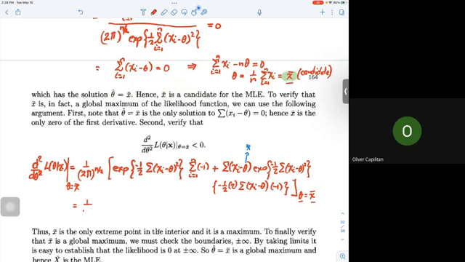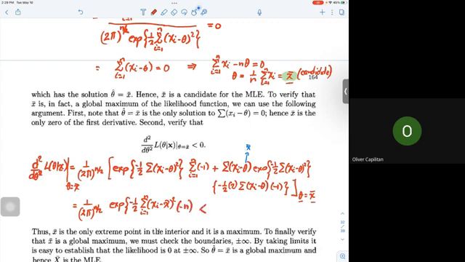Then you have 1 over (2 pi) raised to n over 2. We have here the exponential, negative 1/2, the summation of x sub i minus the sample mean squared, i from 1 up to n. Exponential. And then we have here the summation of negative 1, so we have here negative n.